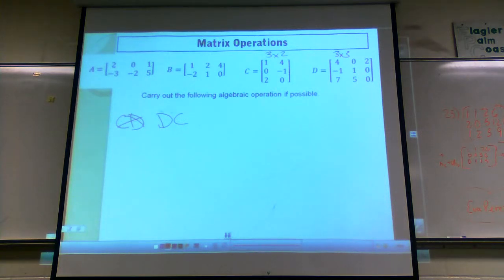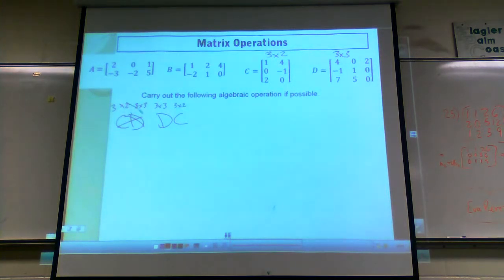All right, so guys, make sure all the stuff you check, the order matters with multiplication.